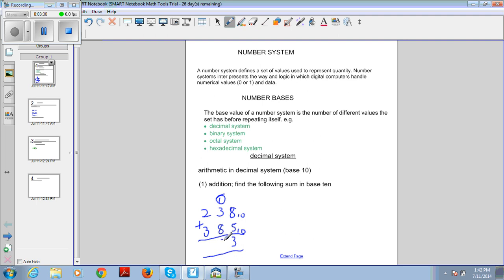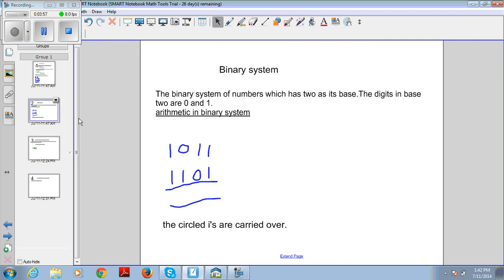You put down the 2 and put the 1 here and circle it. 3 plus 2 is 5 plus 1 is 6. 6 is lesser than the base, so you write down your value 6. So that is how to do addition in what? In base 10.